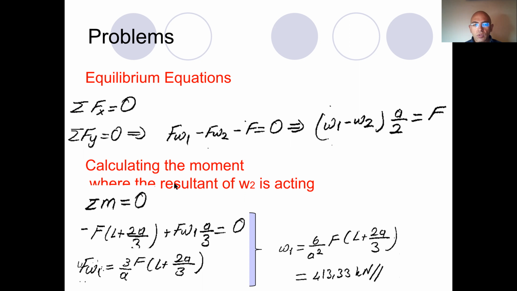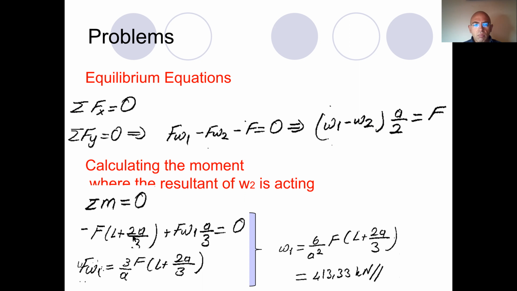Now, our third equilibrium condition is that the sum of the moments with respect to any point is equal to 0. We can take the moment with respect to any point, but what we do is simple.